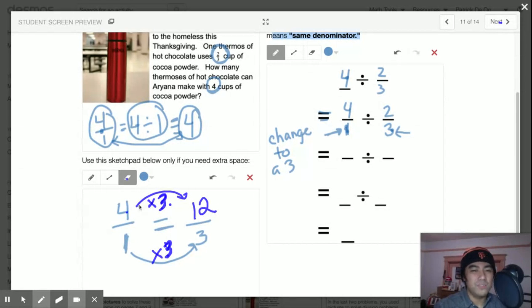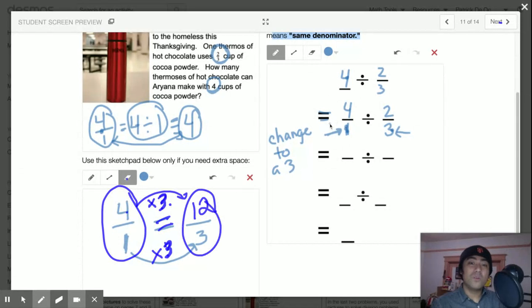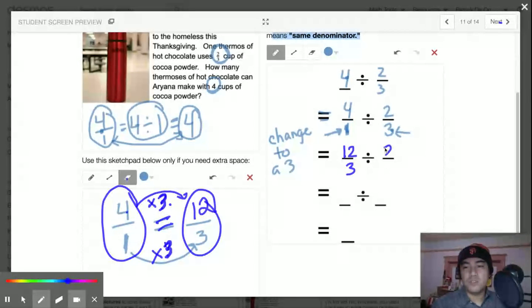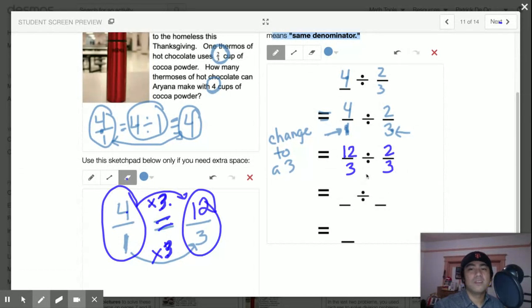Okay. What did we just find out? We just found out that 4 over 1 is equal to 12 over 3. And I'll just keep the 2/3 the same. All right, so why did we do this?